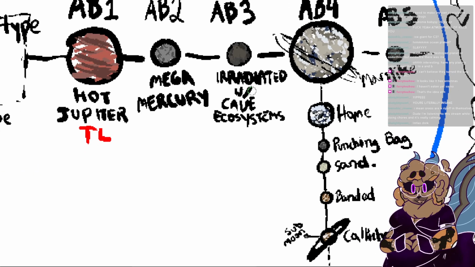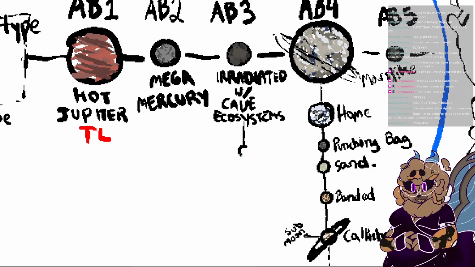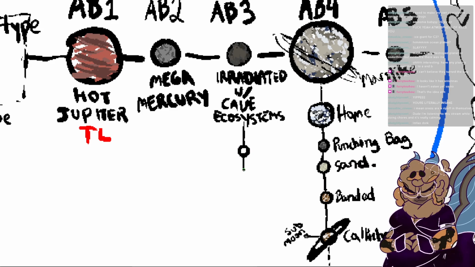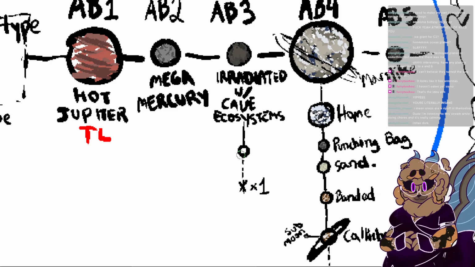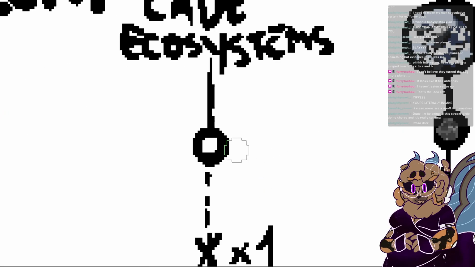Okay, AB3 here. I think for AB3, I want to have 1 big moon and 1 asteroid moon. So that's going to be times 1. And I think I'm going to make this moon just be a rock.